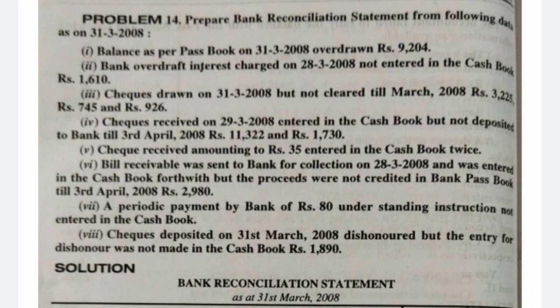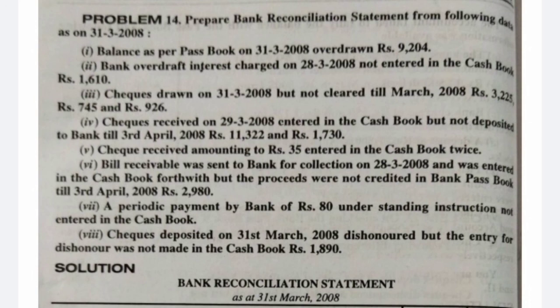The checks deposited on 31st March 2008 were dishonored the same day, but the entry of dishonor was not made in the cash book, so the cash book is still showing it on the receipt side.